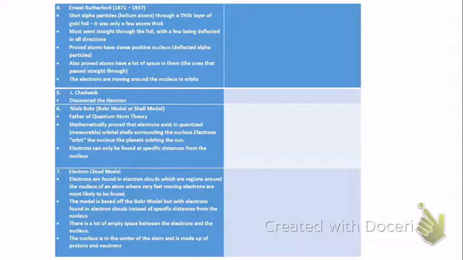Now the model that Rutherford is going to make is typically called the Rutherford model. So let's draw it. Essentially, Rutherford is going to say that the atom is made up of a positively charged nucleus, that the electron is going to move around that nucleus in specific paths, and he didn't know exactly how, but something like this.